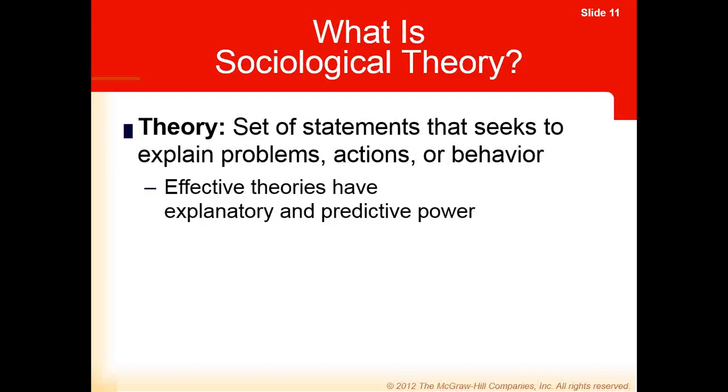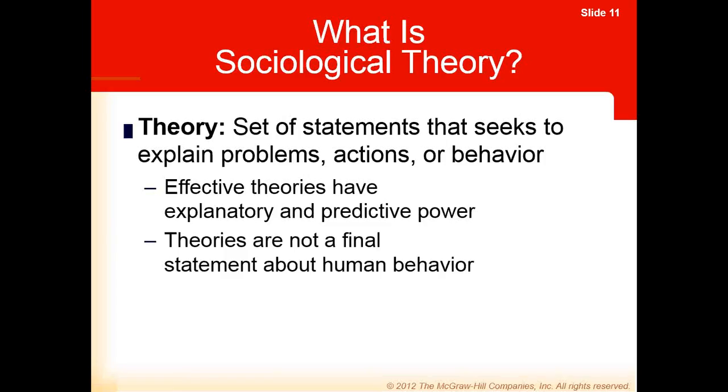When we talk about predictive power, going back to the idea of relativity, or just general physics, you can calculate how long it will take an object to fall from a given height on Earth. That's because you know what the acceleration of gravity is. That gives you that predictive power.